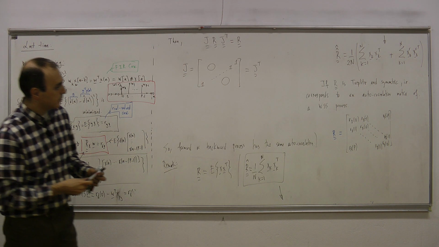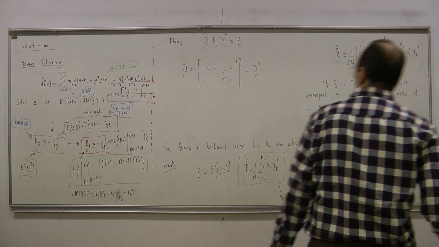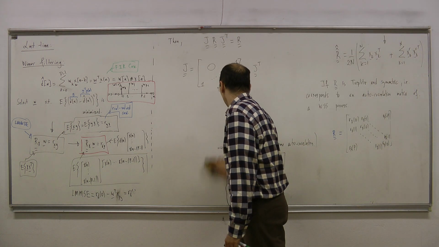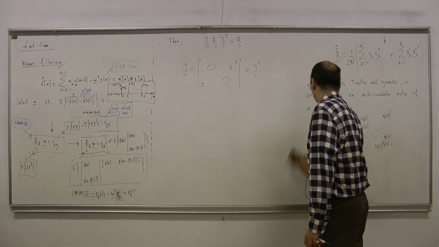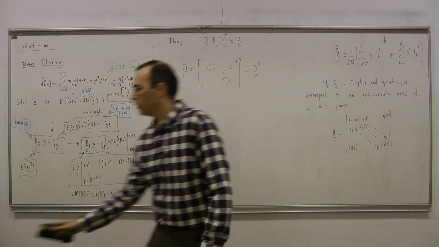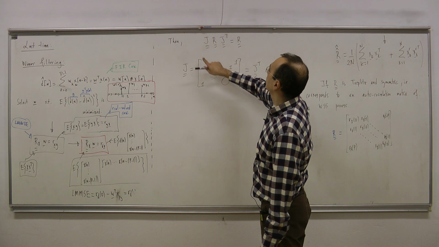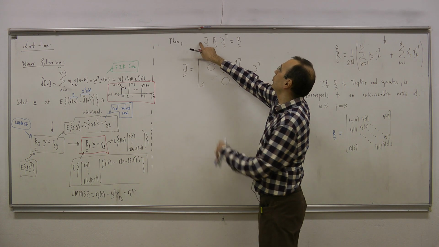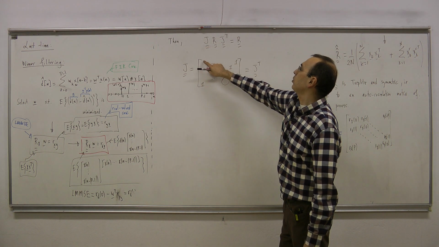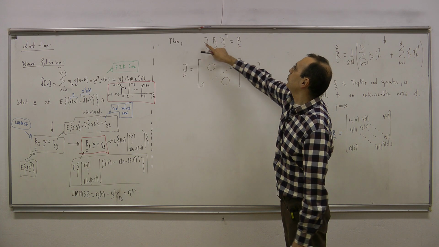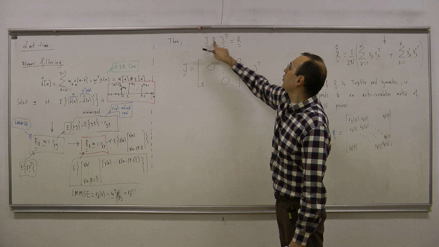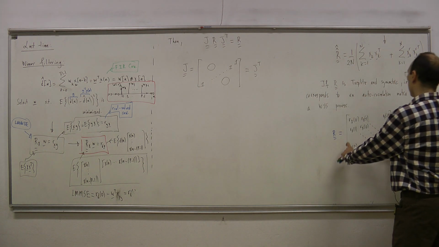Okay? Now, how can I see this? This is maybe a little difficult to see, but if I multiply by this J matrix on the left, then the first row of this multiplication, J times R, will be the last row.